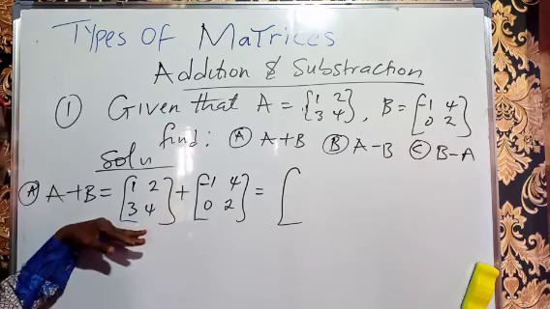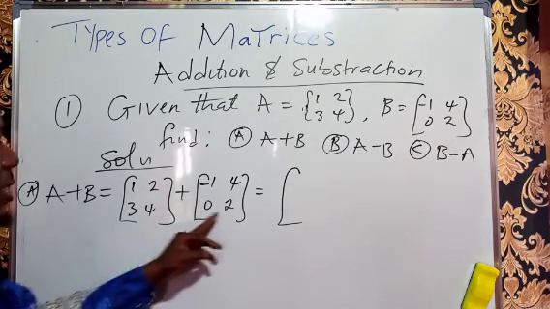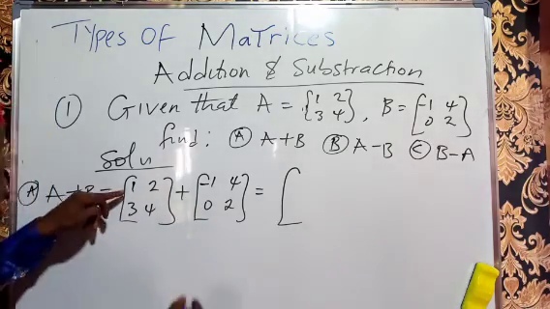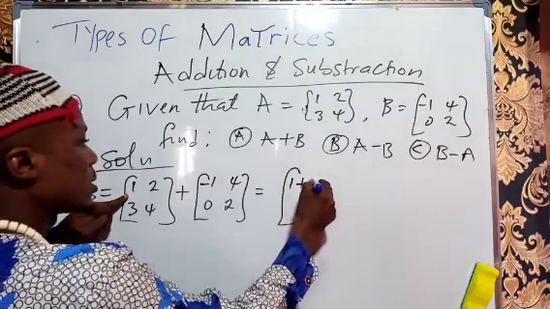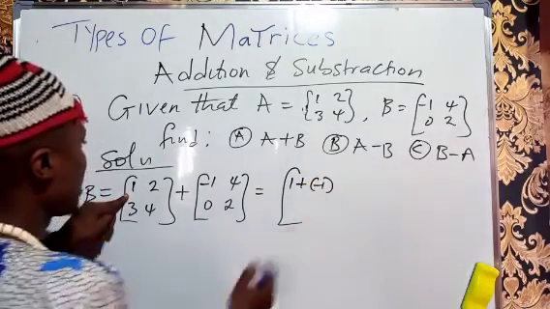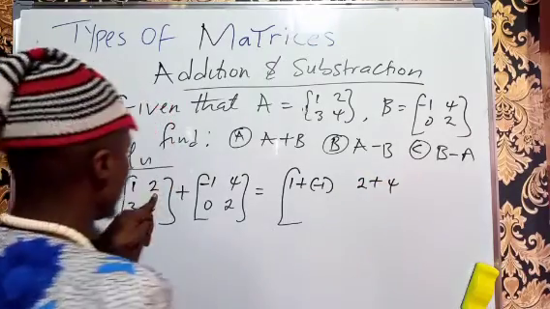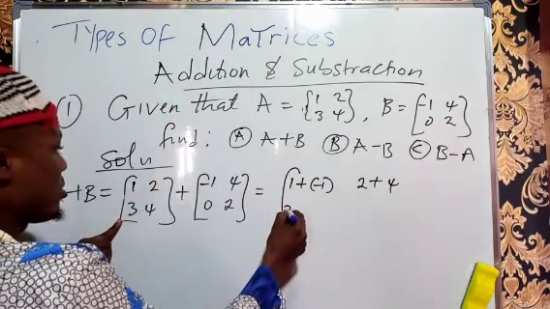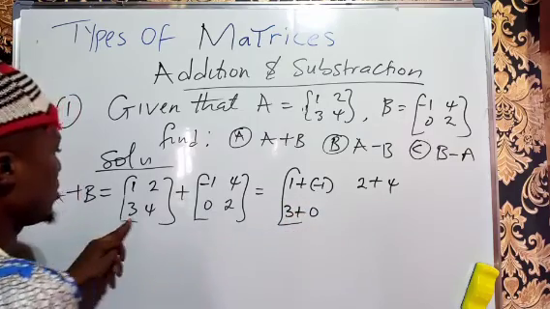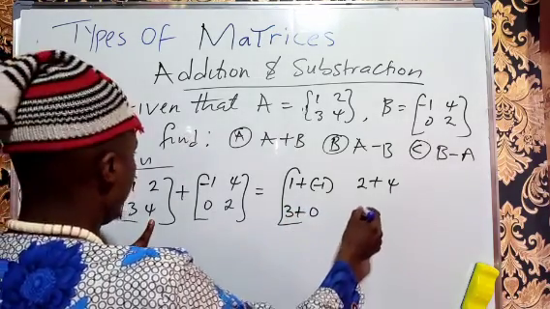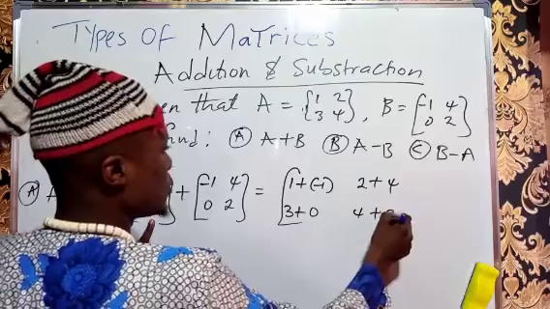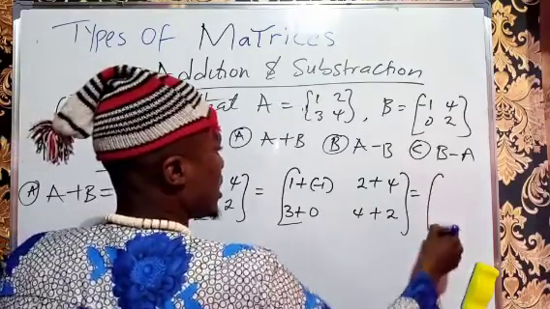Come to the second row, do the same thing, first and first, second and second. That's how to add. So here I'll have 1 plus negative 1, 2 plus 4. You come down, 3 plus 0, and 4 plus 2. Now you sum up.